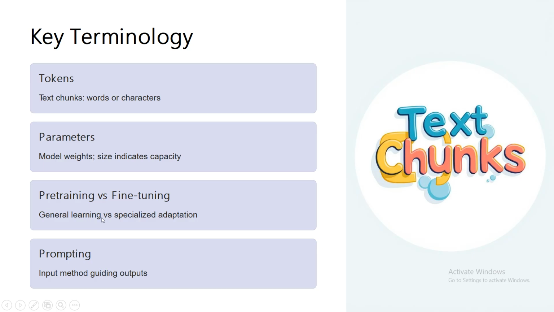Pre-training is general learning versus specialized adaptation, which means specific data, like secure data, government data, finance data, healthcare data, and general-purpose data, which is for general users. Prompting: the input method guiding outputs.